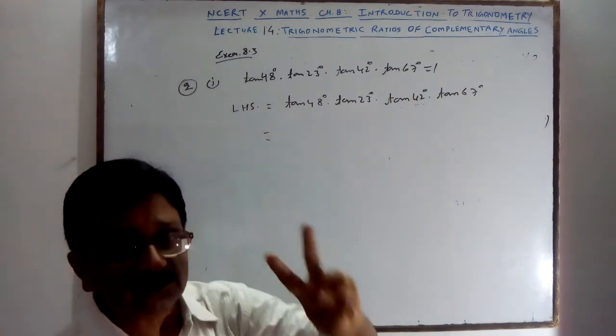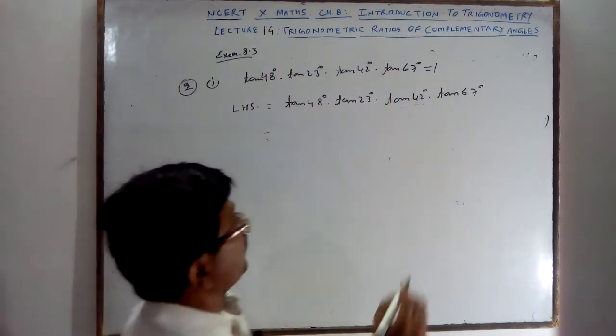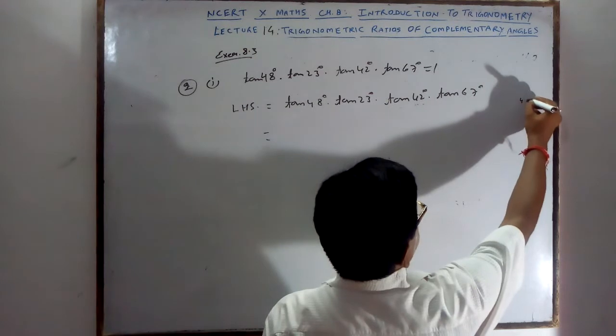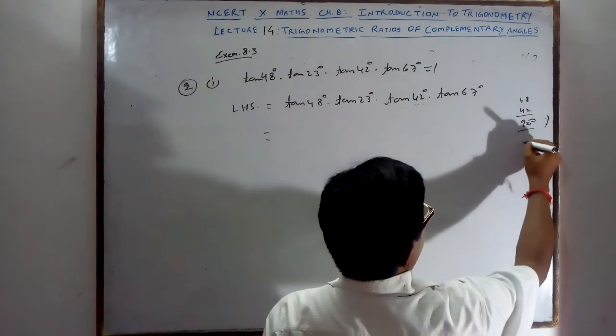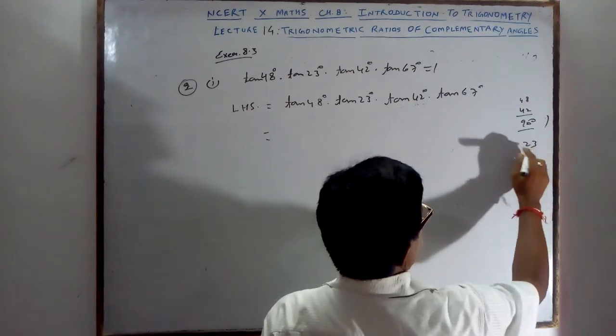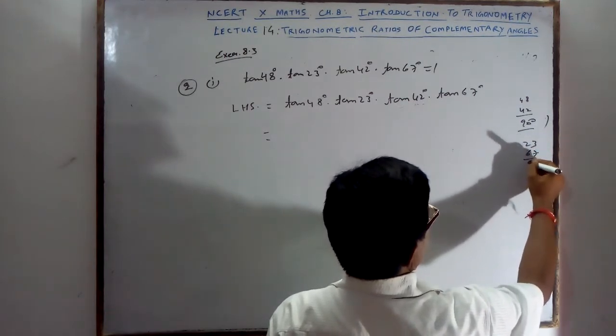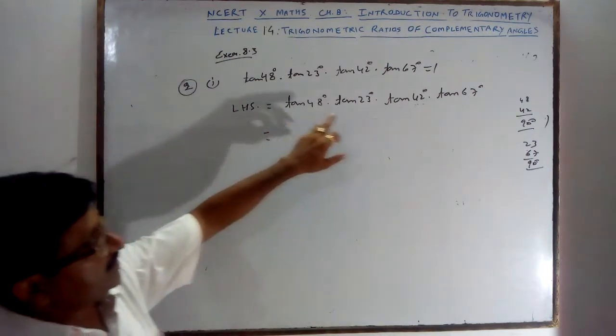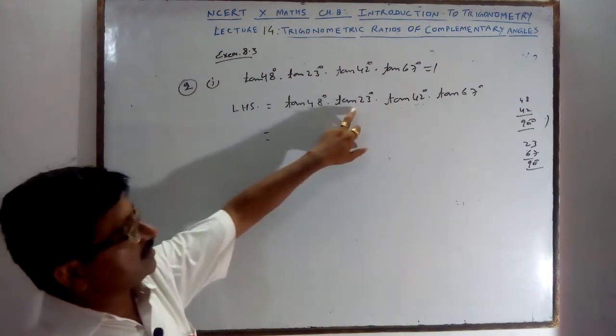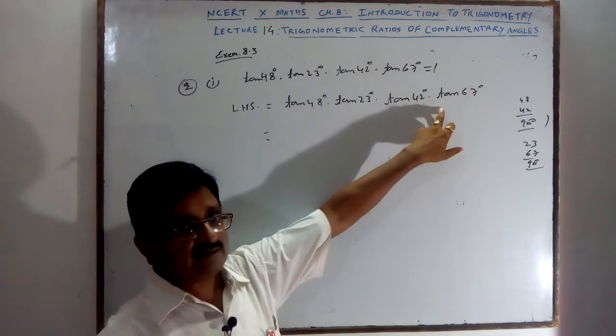Out of these, which two are giving you 90? You can check in the rough. 48 plus 42 is 90. 23 and 67 will give you again 90.